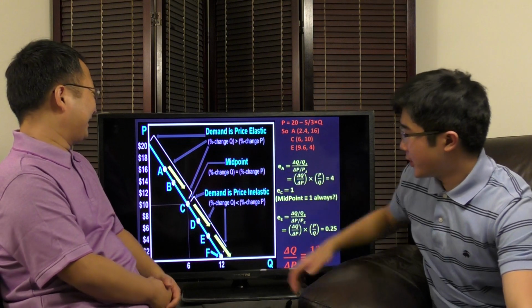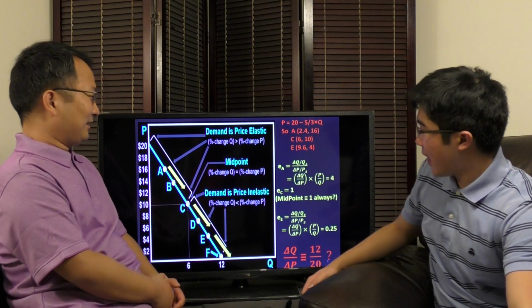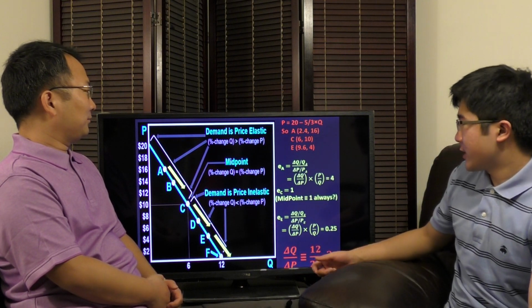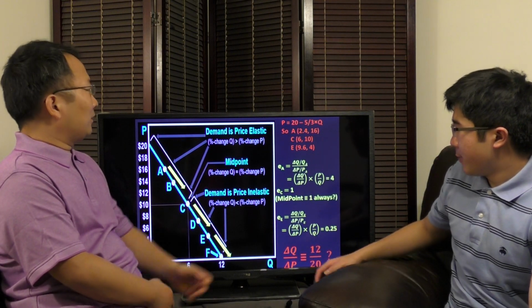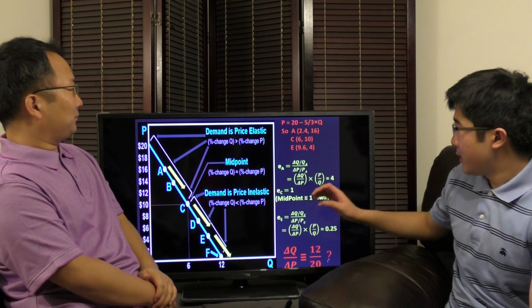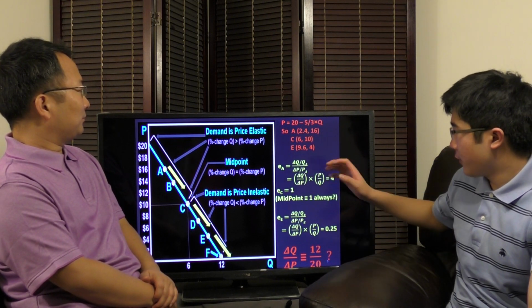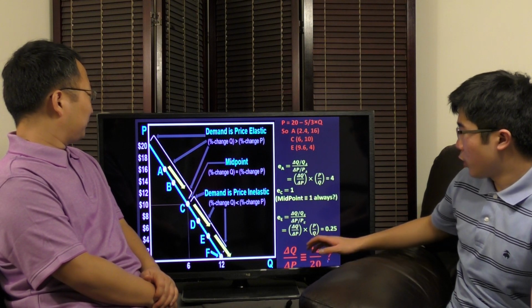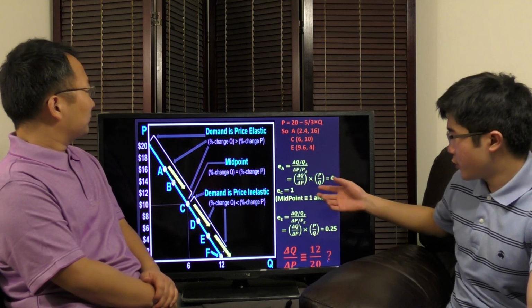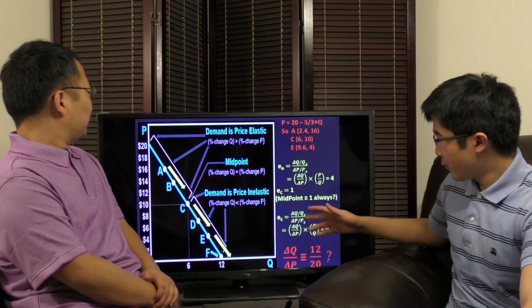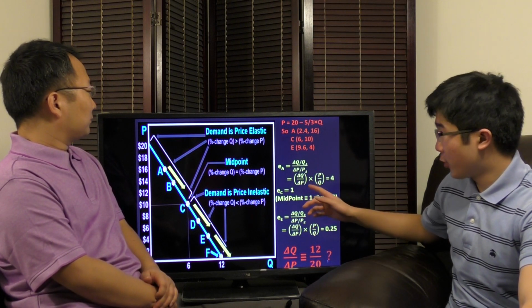So at the exact quantity demanded and price level at point A, the elasticity equals 4. At the midpoint, which is C, at 6 and 10, 10 over 6 is the inverse ratio of 12 over 20. For that reason the midpoint elasticity always equals 1.